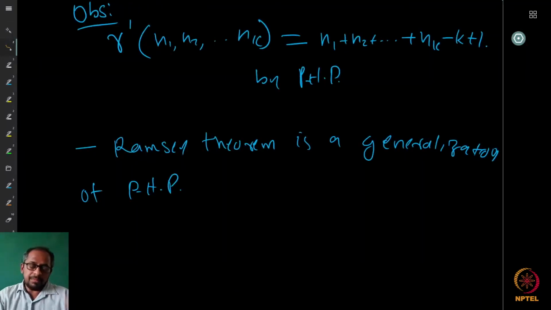So, first observation is that suppose t is equal to 1. When t is equal to 1, what happens? Then we are looking at a 1-uniform hypergraph, which means that we have just vertices, and every vertex is an edge by itself, so there is nothing else really happening, just the set itself.